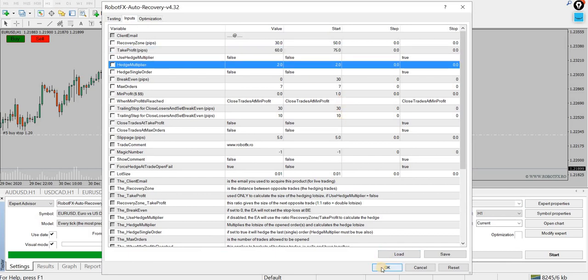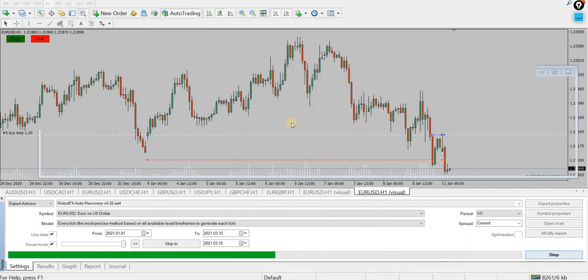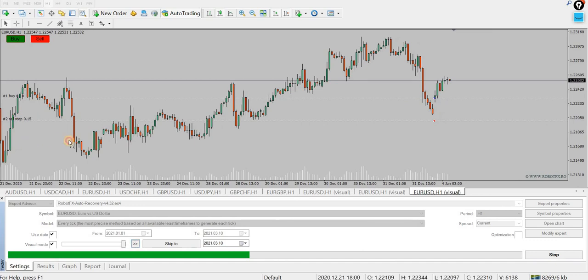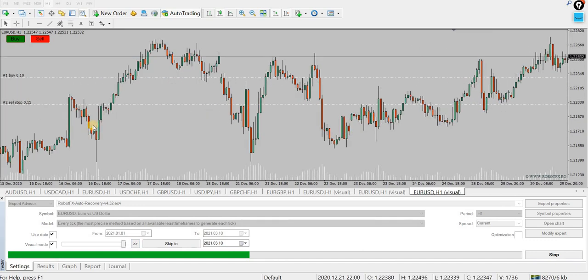If I make the take profit double when the recovery is on, that means the hedging order is only 0.15, right? So it's multiplied by 1.5.